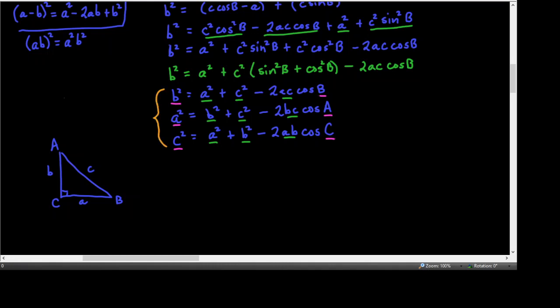This is the Law of Cosines, three versions of it, but really I would just memorize one of them and make sure that you memorize it in the way I just talked about.